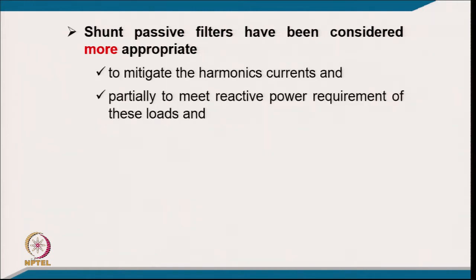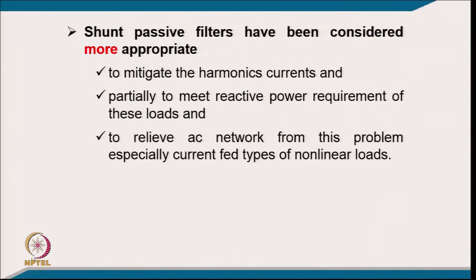So, shunt passive filters have been considered more appropriate to mitigate the harmonic currents and, in parallel, to meet the reactive power requirement of these loads and relieve the AC network from the problem, especially for current fed type nonlinear loads. You can use them extensively as shunt filters for mitigating power quality problems from current fed loads, like the thyristor converter used in HVDC.